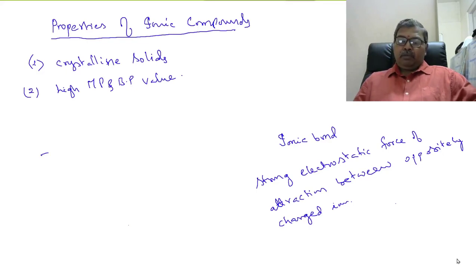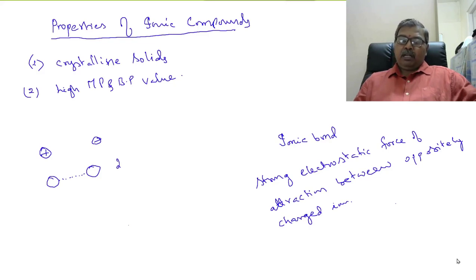See, if you consider positive and negative ions, there exists electrostatic force of attraction. Between molecules, there exists force of attraction. They are intermolecular forces of attractions. These intermolecular forces of attractions are of various types.